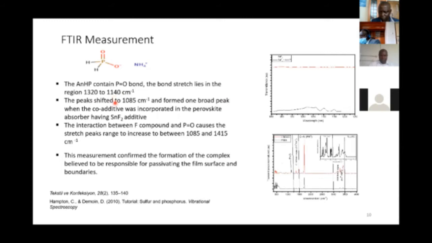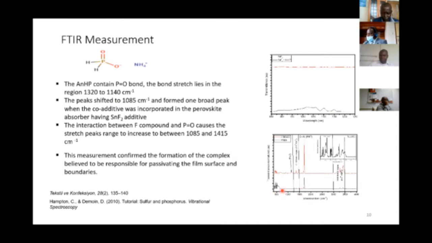But after reacting with the tin fluoride, it shifts to 1085, which we saw is very true. Like here, you can see this bump. The upper one is just for tin fluoride alone from the FTIR. Then after mixing the two, we had this one here. And also, if we introduce it into the perovskite, we have this one here.